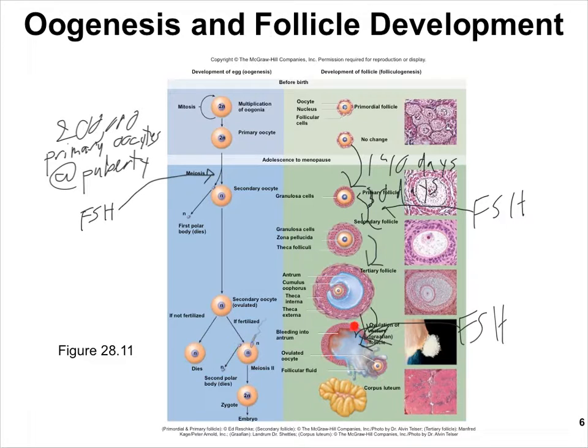And after that, for the next 15 days-ish, assuming that no pregnancy occurs, these cells become the corpus luteum, which means the yellow body.